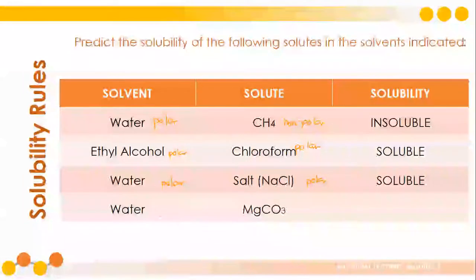For the fourth and last one, we have water and MgCO3 or magnesium carbonate. Water is a polar compound. Magnesium carbonate, on the other hand, we have this rule that carbonates are insoluble in any polar compounds.